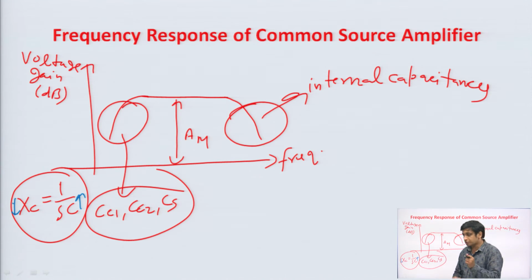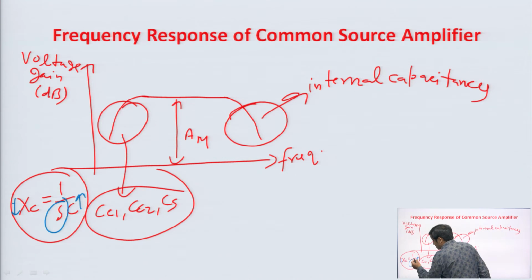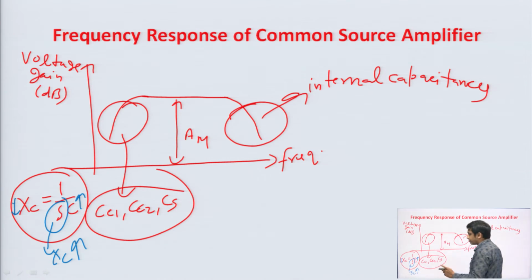What is the issue? The issue is that it acts as a short circuit, but at low frequency, where S is the frequency, when we go to low frequency, the capacitive reactance will increase. At low frequency the capacitive impedance will increase.